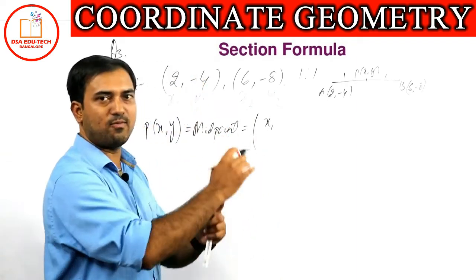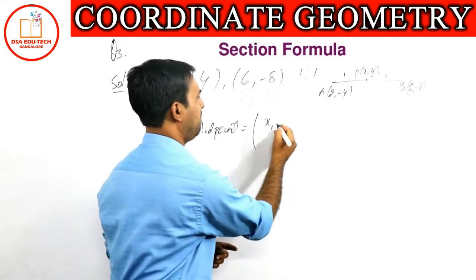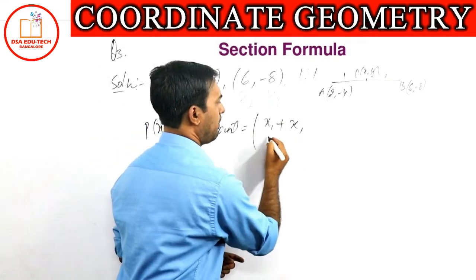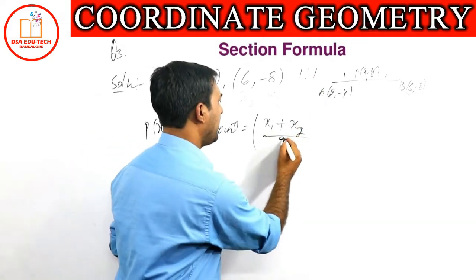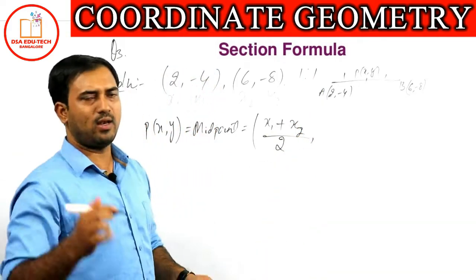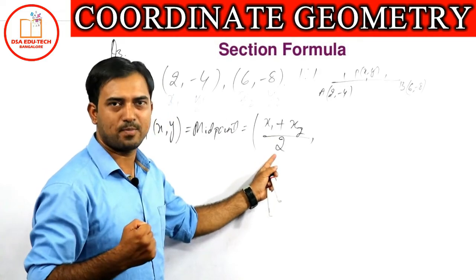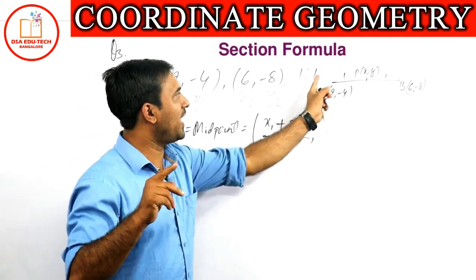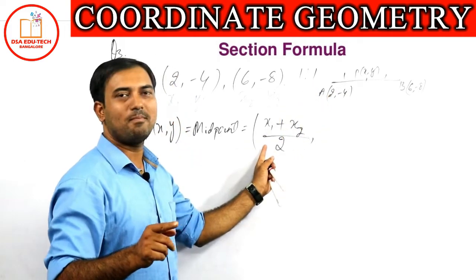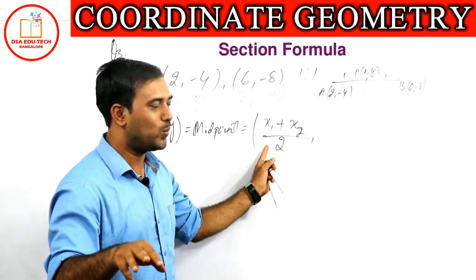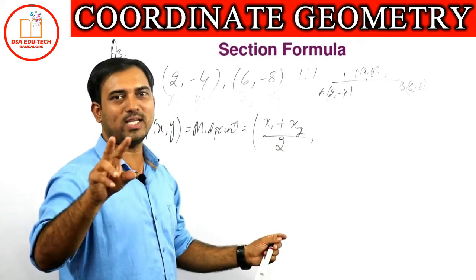Instead of writing m1 into x2 plus m2 x1, I'll write simplified formula: x1 plus x2 divided by 2. You might be wondering from where this 2 has come, right? The 2 is ratio 1:1. So m1 plus m2. So m1 is 1, m2 is 1. 1 plus 1 is 2.